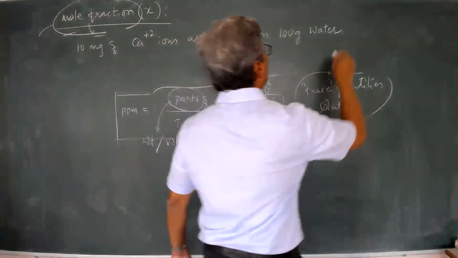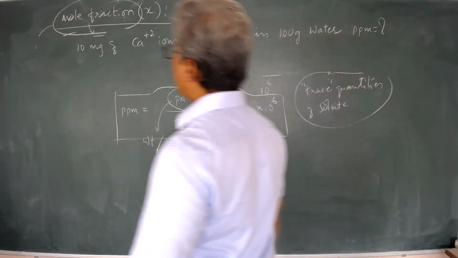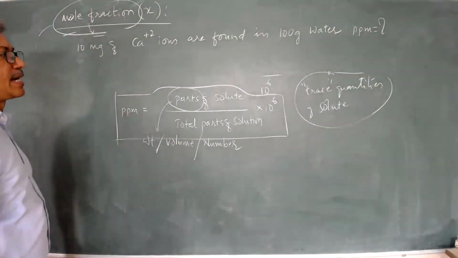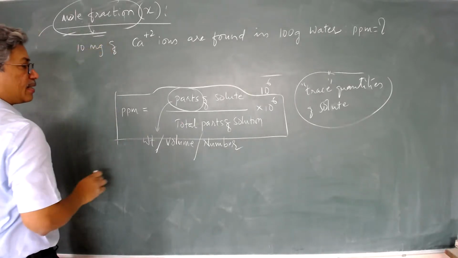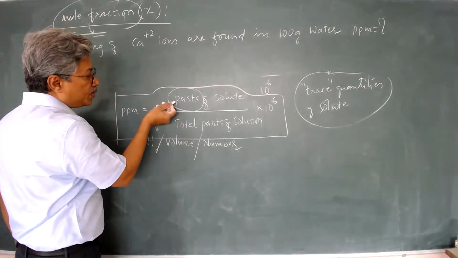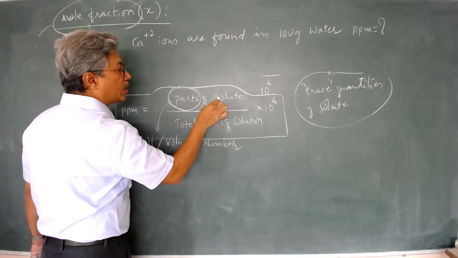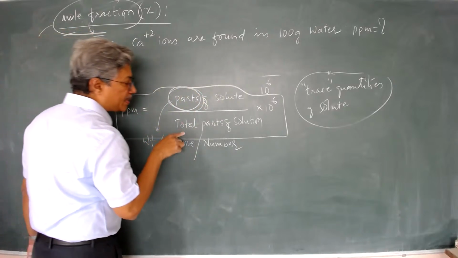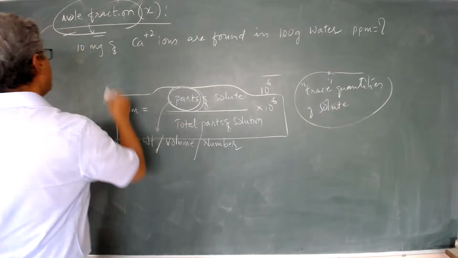Then what is its ppm? Express this concentration of calcium ions in ppm. Okay, so here one thing we have to remember is that the units in which the solute is expressed must be the unit of the solvent. Clear?